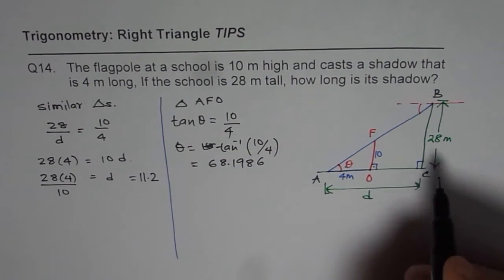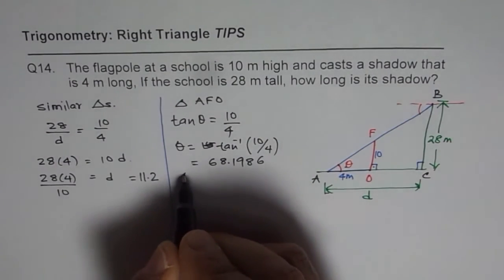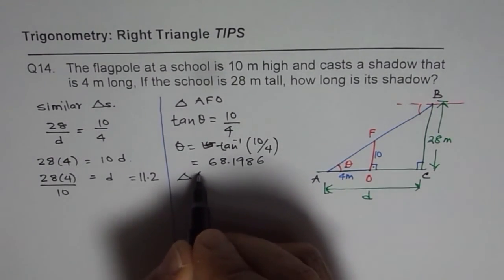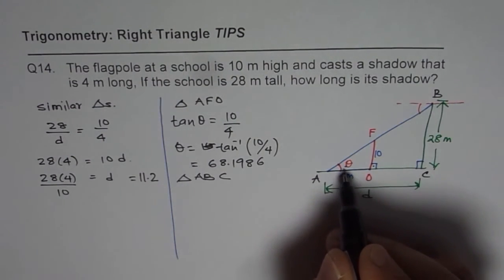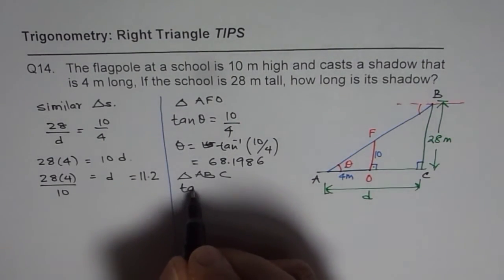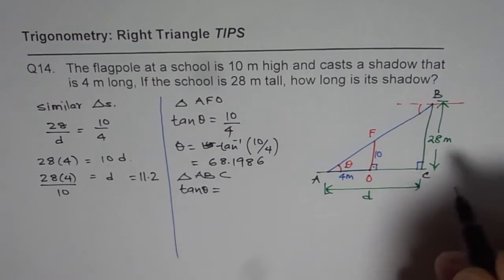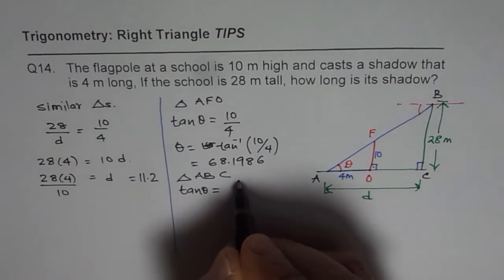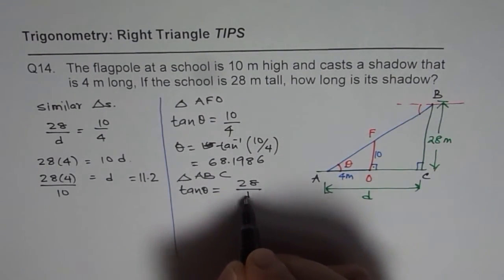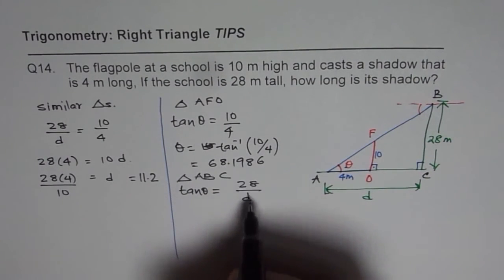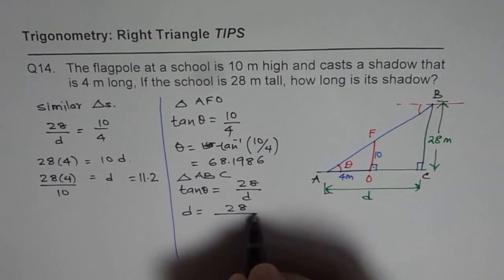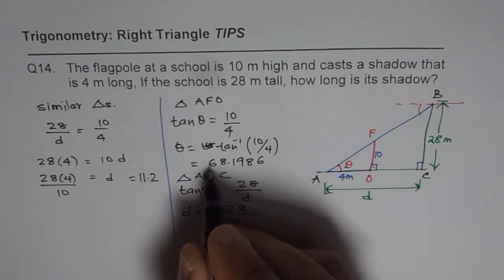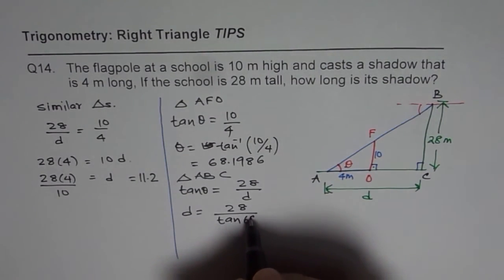Since we know theta, now we can consider the bigger triangle. The bigger triangle is ABC. Now in triangle ABC, the angle theta is the same. So we can say tan theta is equal to 28 over D. Since we know the angle, D equals 28 divided by tan of the angle, which is 68.1986.